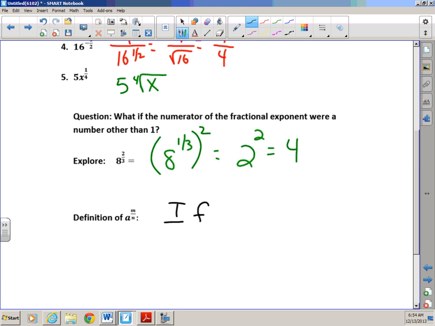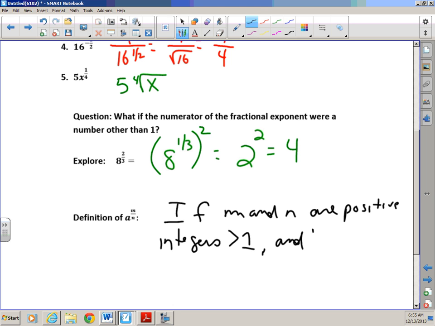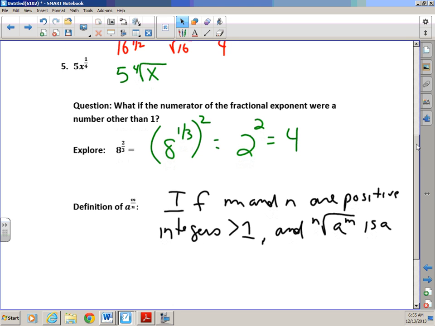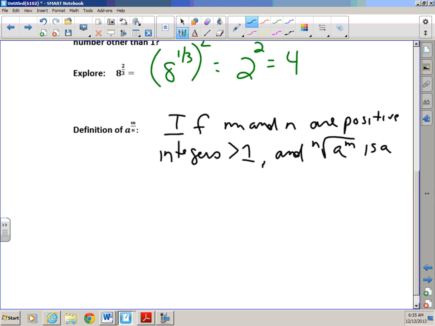If m and n are positive integers greater than 1, and the nth root of a to the m power is a real number, then a to the m over n is equal to the nth root of a to the m power.